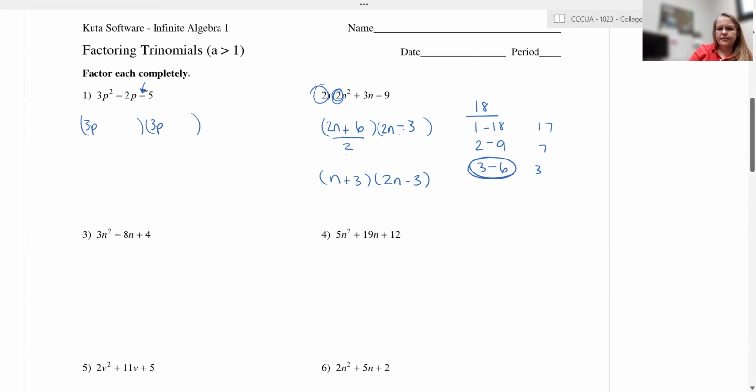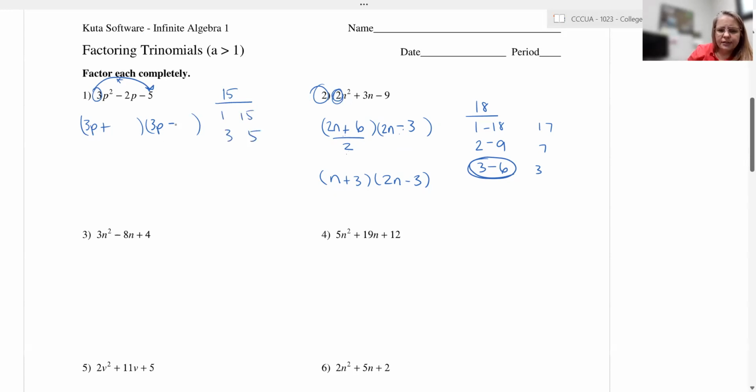This second sign right here tells me that I'm going to be working with different signs down in my 2 binomials, down in my parentheses. And then I'm going to take 3 times 5. That's what I'm going to find the factors of, 15: 1 and 15, 3 and 5.